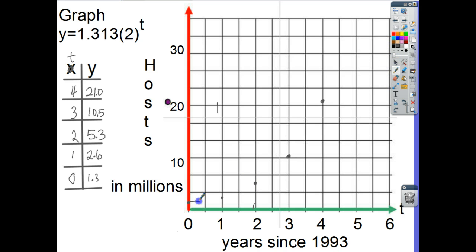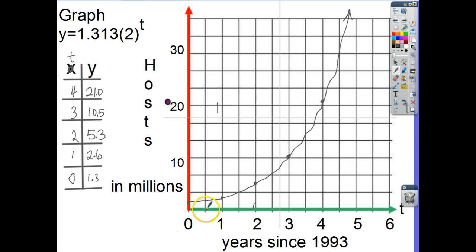So it's going to come through here. It's going to start getting bigger here, running through these points. And something like that. Okay, now it's going to go on forever in this direction. We didn't do anything past 1993.